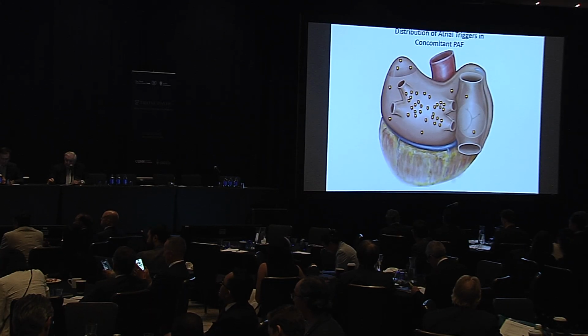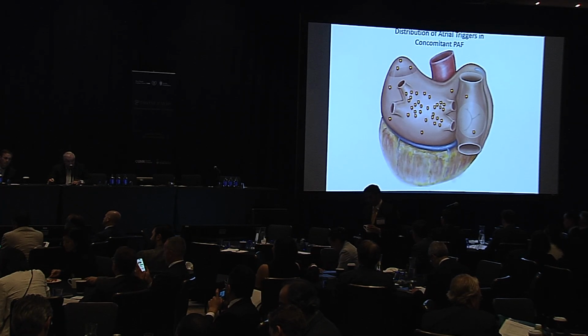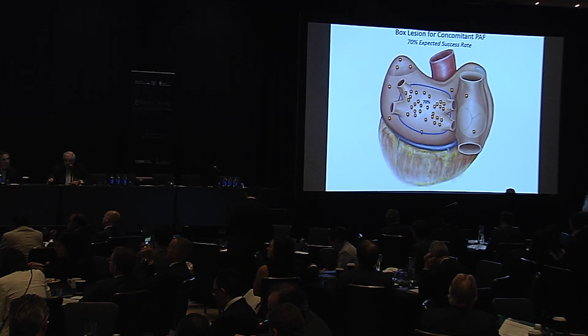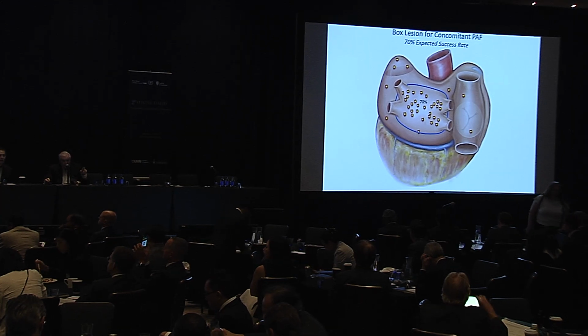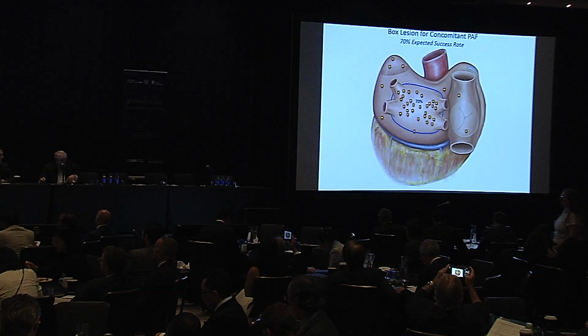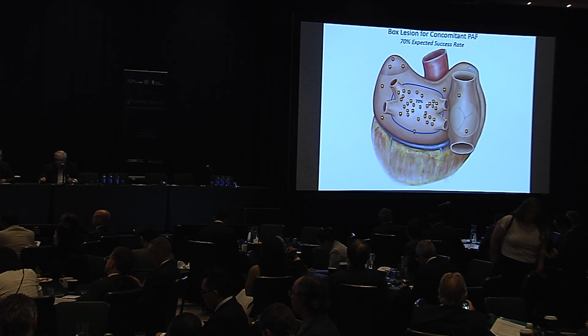In paroxysmal atrial fibrillation, which is what you will see as surgeons, called concomitant paroxysmal AFib, about 70% of the triggers lie within what would be a box in the posterior left atrial wall. About 20% of those are in the posterior left atrial wall.